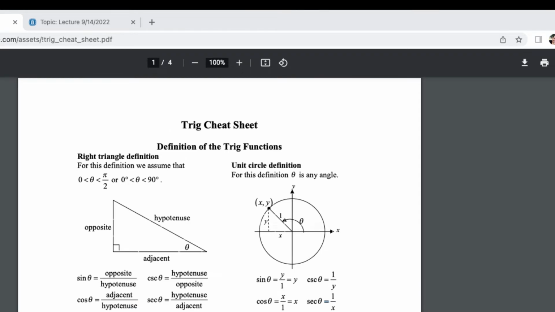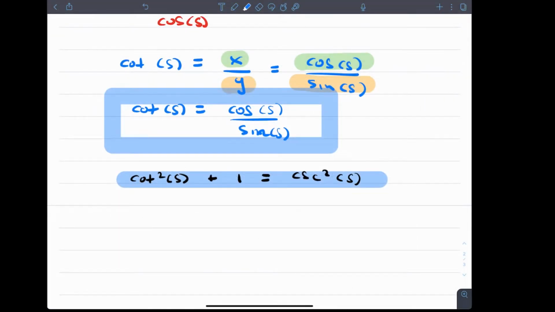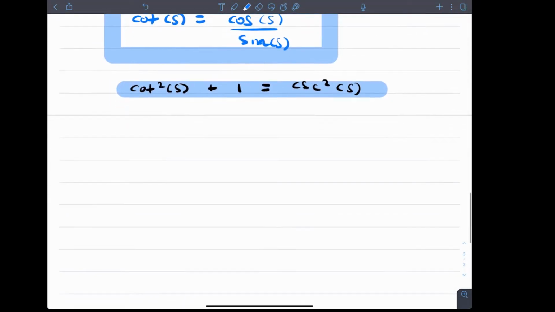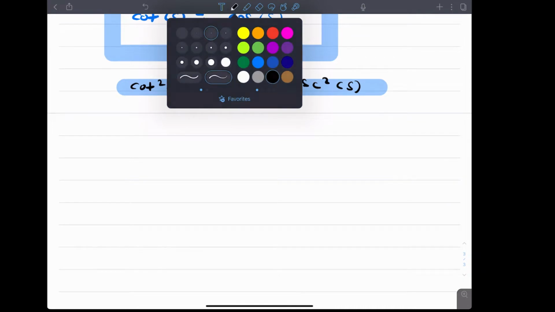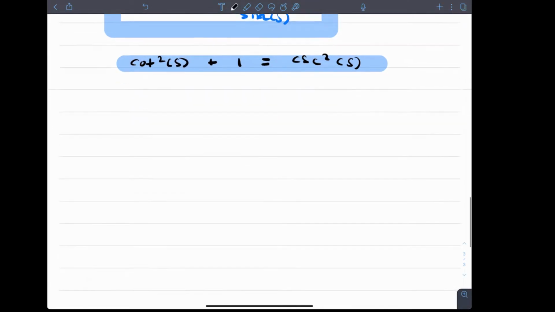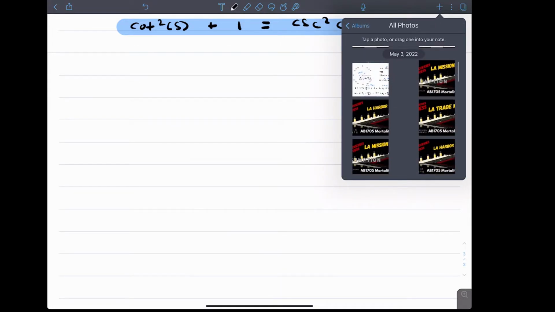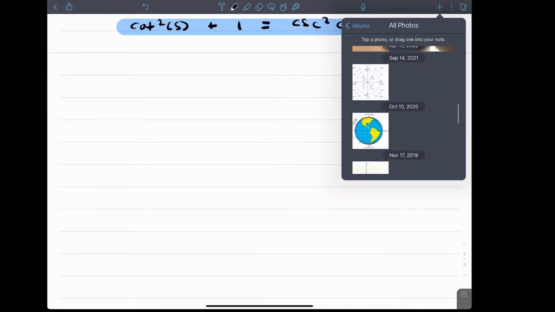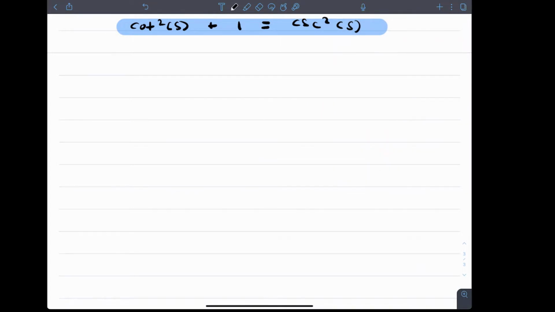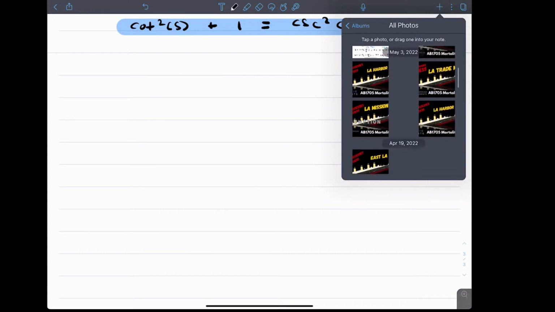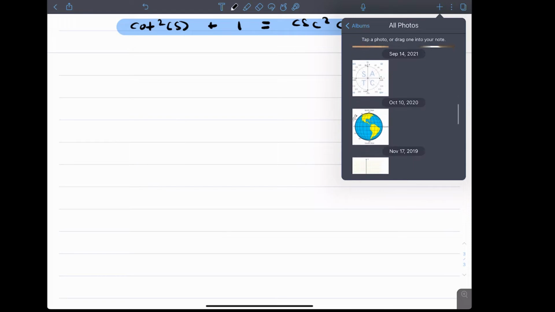All right, we're going to look at how to use these now. How to use things. And then I don't see it there, but I'm also going to bring this into play. Let me see if I can find it. Photo library. Oh, there we go. Gotta figure out how to delete some of these photos.